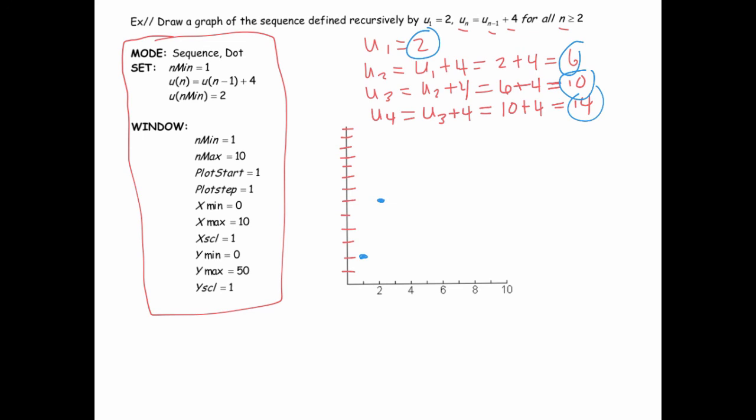We're going to graph (3, 10). And we're going to graph (4, 14). I think my scale's a little off, but maybe we can just stop there. So you can see that these terms are situated on a line, and it's clear from the graph that as n goes to infinity, the terms are going off to infinity as well.